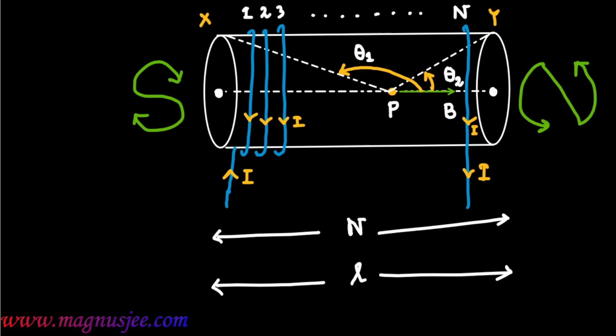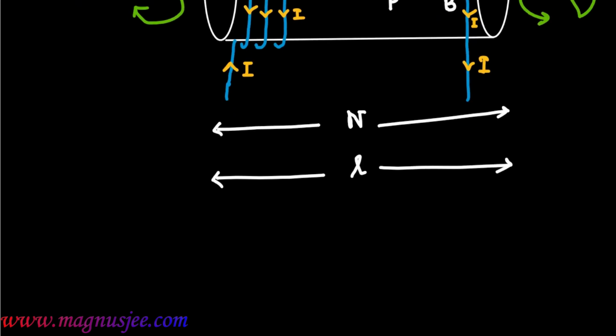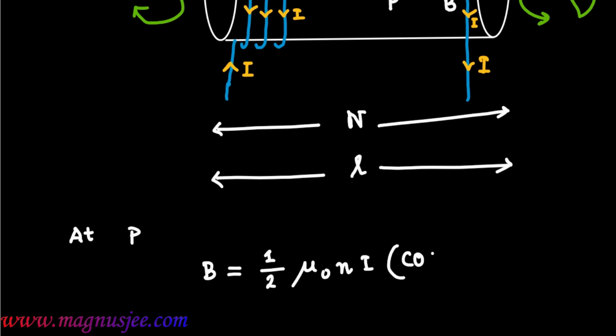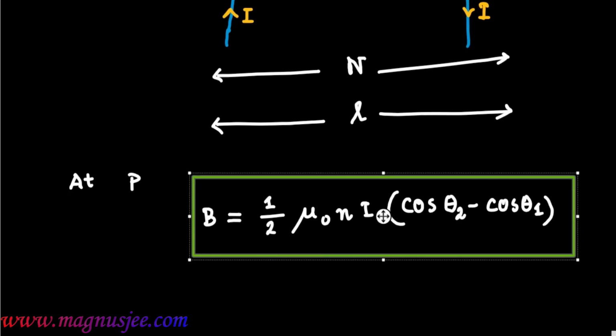Now we have to know the expression of magnetic field induction, that is the expression of B at P. At P, B has the expression 1 by 2 mu 0 small n I times the bracket cos theta 2 minus cos theta 1, where small n is the number of turns per unit length, that is N by l.